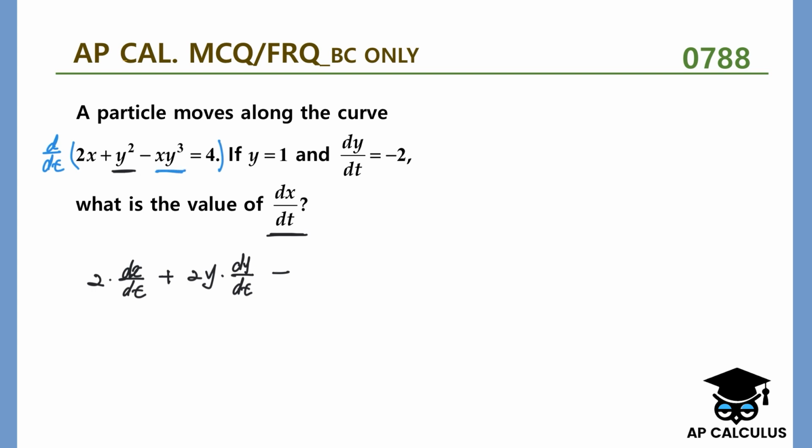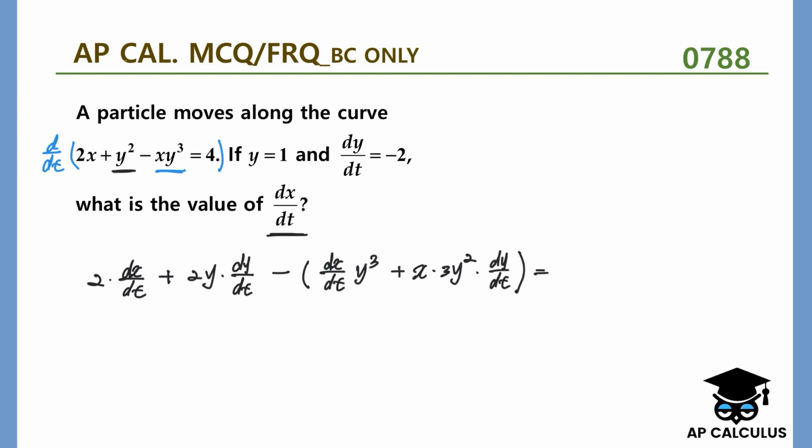So we're going to have to apply the product rule. So the derivative of x, that's dx/dt, times y cubed, plus x times the derivative of y cubed, 3y squared, power rule, then chain rule, the derivative of y with respect to t, right?